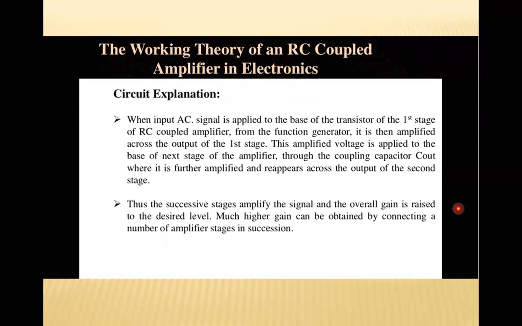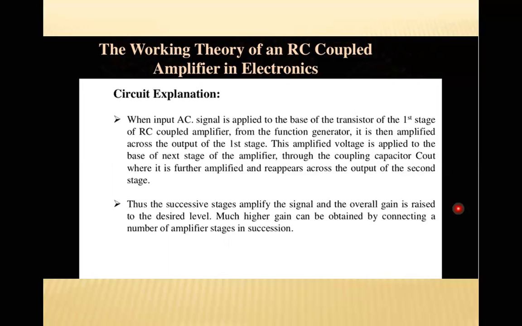Now let us see how we have designed that. When an AC input signal is applied to the base of the transistor of the first stage of the RC coupled amplifier from the function generator, it is amplified across the output of the first stage.